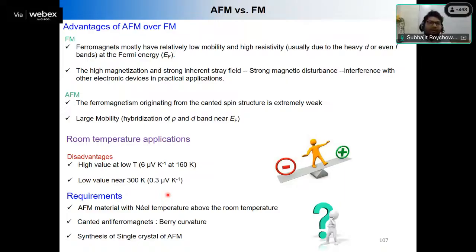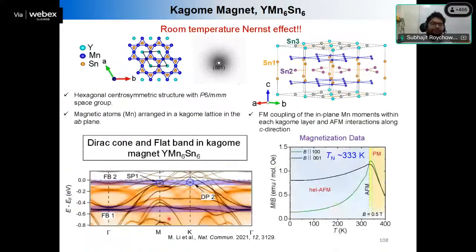Now, how to overcome that? That means we need an antiferromagnet material with a Néel temperature above room temperature, and it has to be a canted antiferromagnet so we can get a Berry curvature contribution, and we have to grow very high quality single crystals.